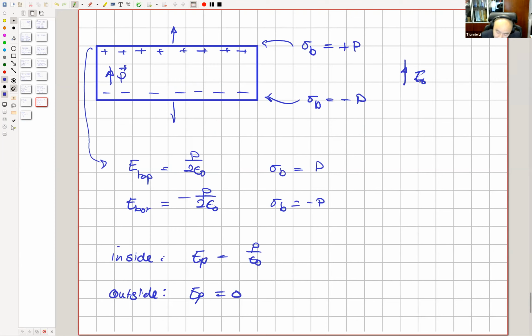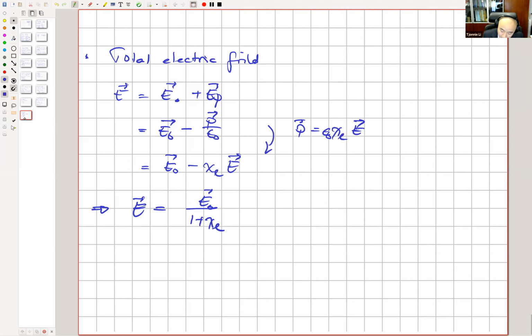I'm creating plus and minus charge on each side of the surface, and I end up with the total electric field inside being the electric field outside over 1 plus chi E.